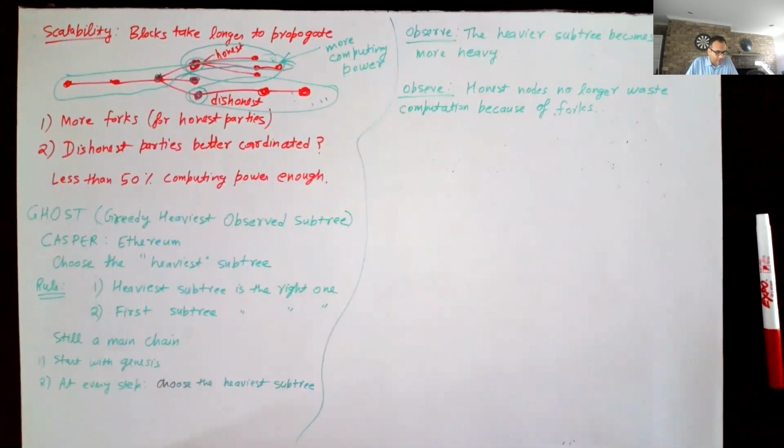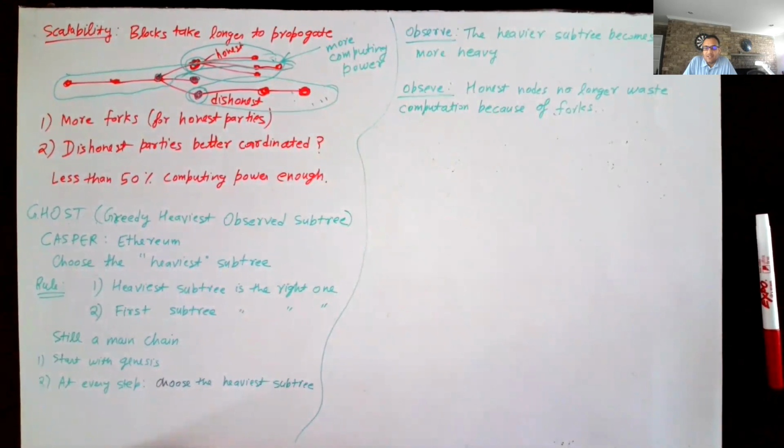Yeah, that's a good question. So I think again it depends on the details of the proposal. I don't know what Casper does, but what is the incentive for them? So one incentive for them would be to make sure that the subtree which they are working in remains the heaviest subtree, and you don't suddenly switch and go in a completely different universe.